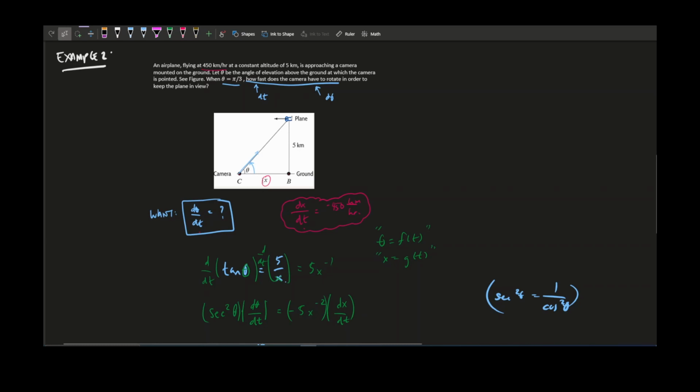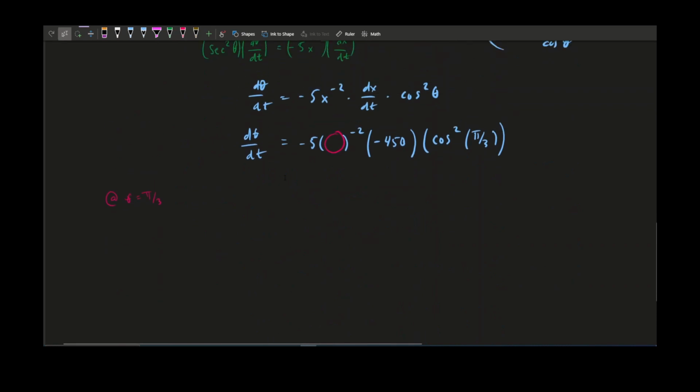We can use the relationship between the angles and the sides, which are the trig functions. And so at theta equals pi over 3, at this moment, we know that we have some nice values here: the cos of pi over 3 is 1/2, and the tangent of pi over 3 is radical 3. Okay.